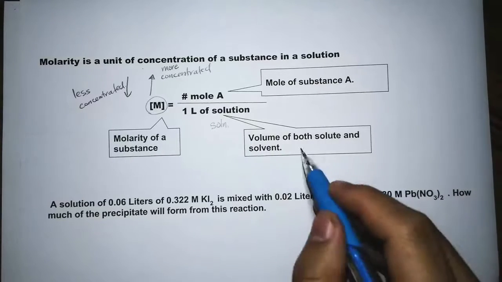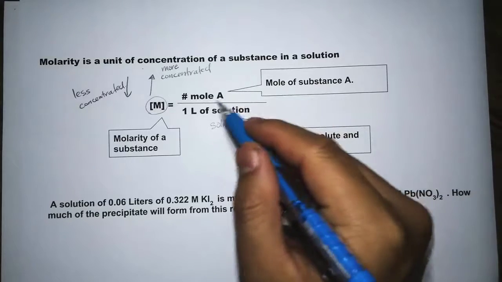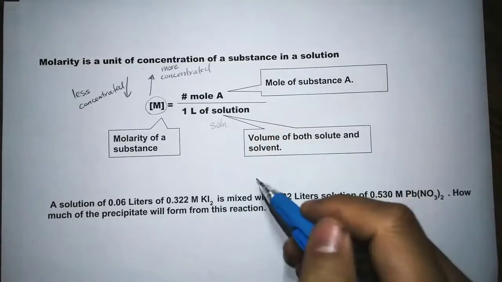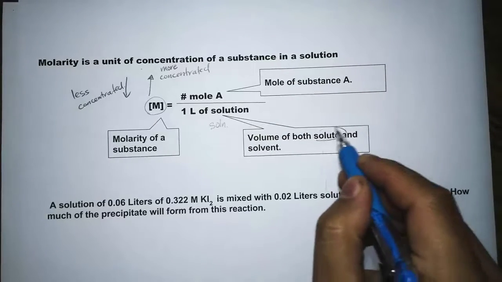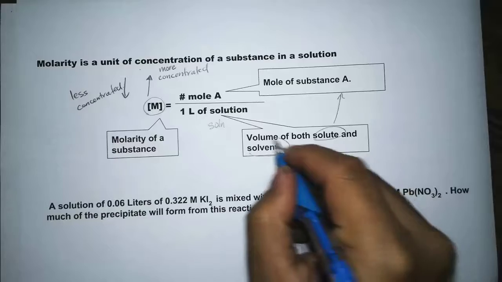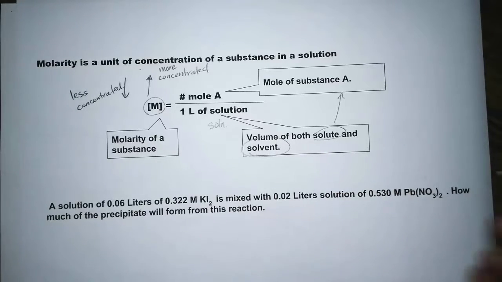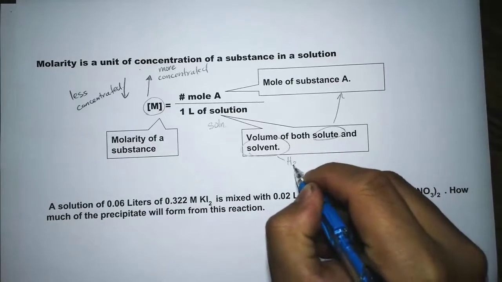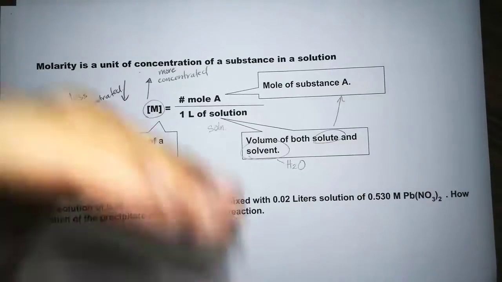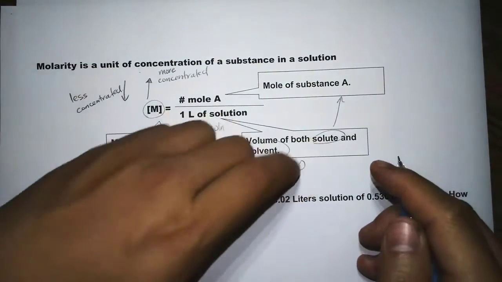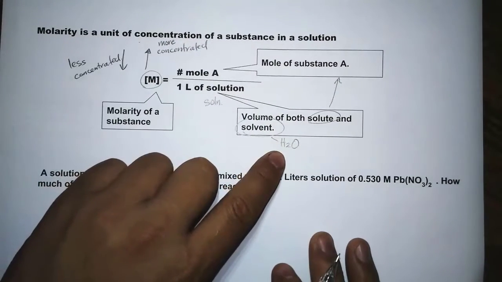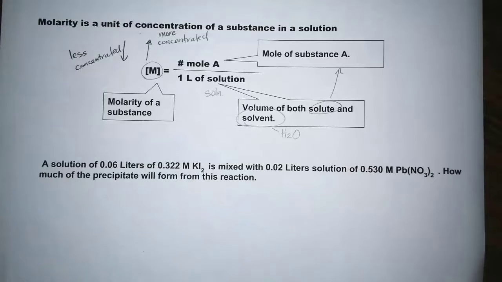Solution is the solute, the substance that we dissolve in the solvent. The solute is the substance being dissolved, and the solvent is doing the dissolving. For example, if we put table salt in water, the salt is the solute, and the water is doing the dissolving, so water is our solvent.